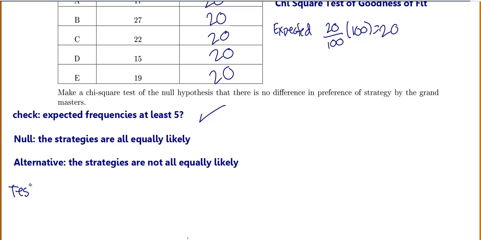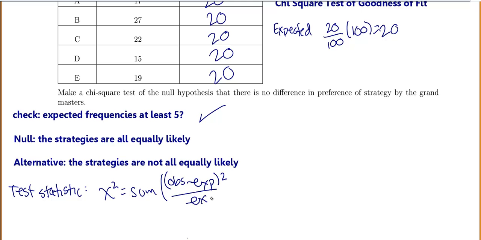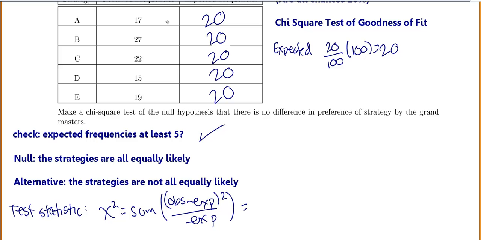So for my test statistic, chi-squared is equal to the sum of each observed minus expected, squared over the expected. So in our case, our first observed is 17 minus expected of 20 over 20.